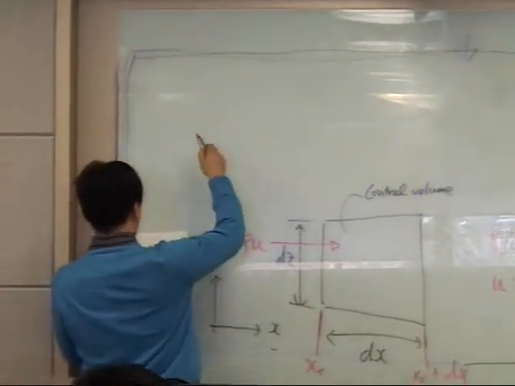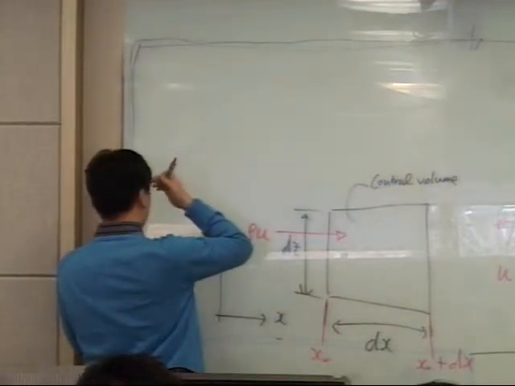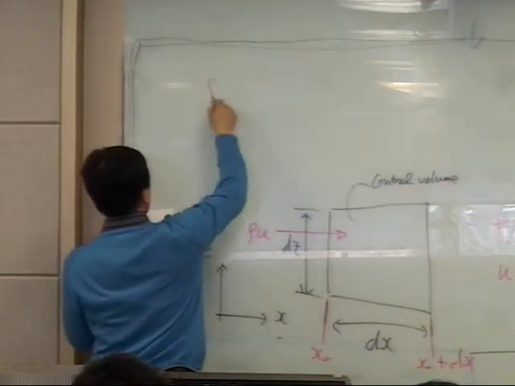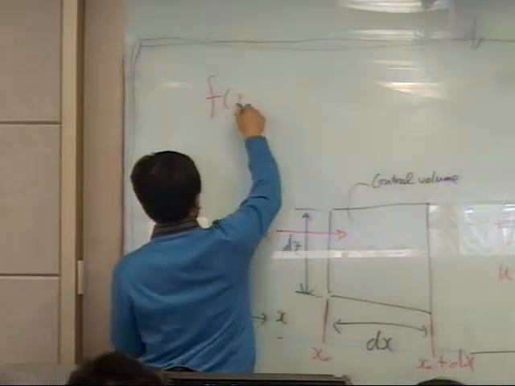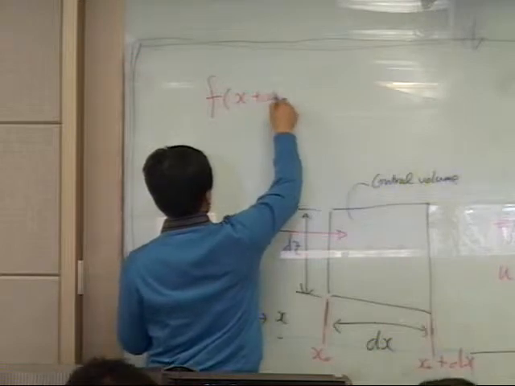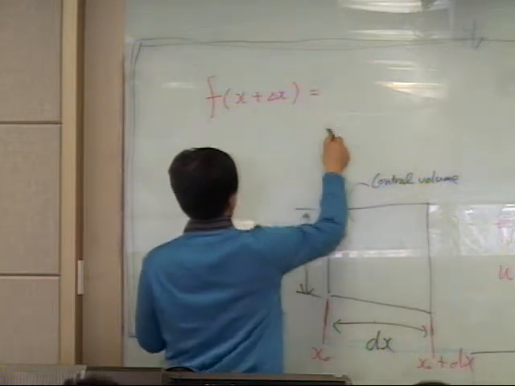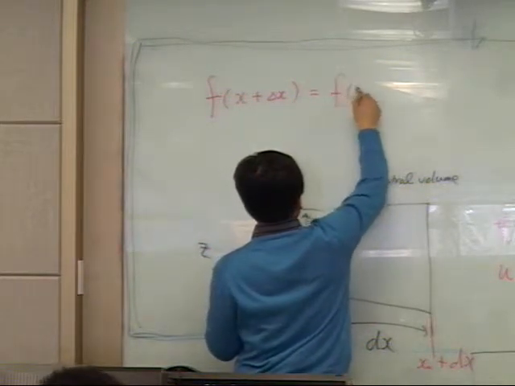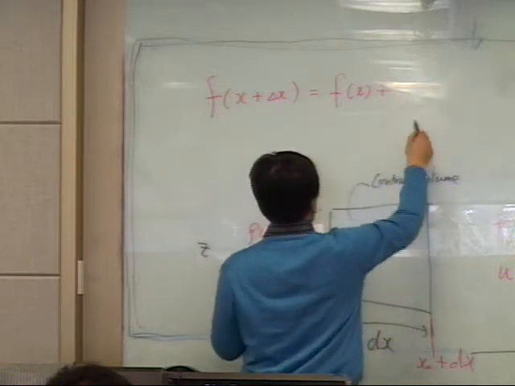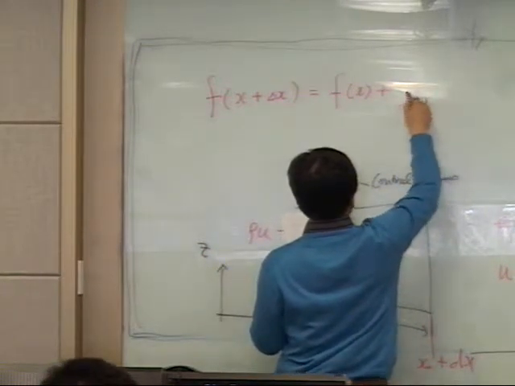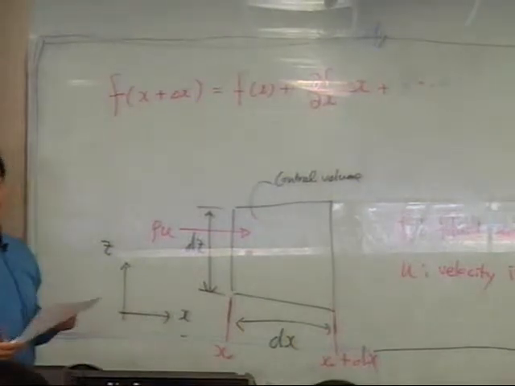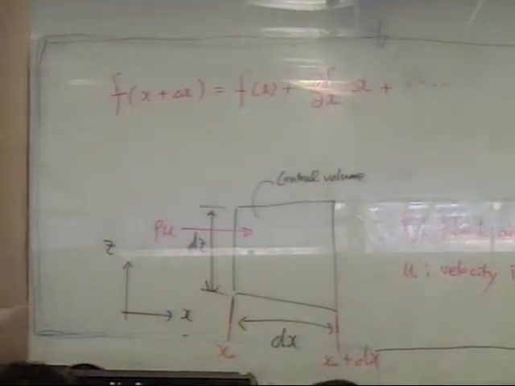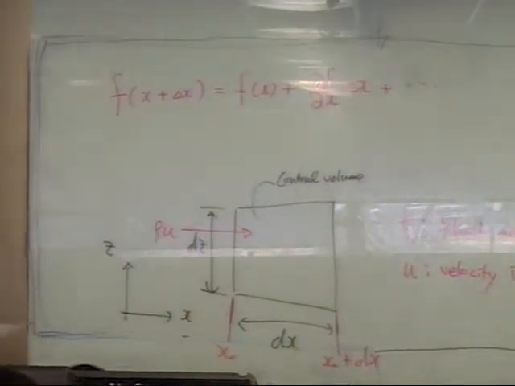So it means if there is a function f, f(x plus delta x) is f(x) plus partial f partial x times delta x, and there are higher terms. This is the Taylor series expansion. We know about this, right?